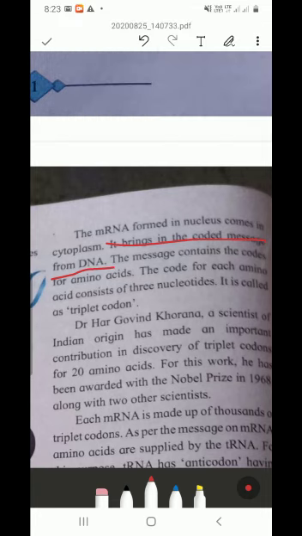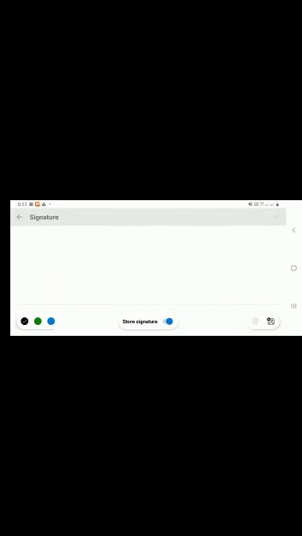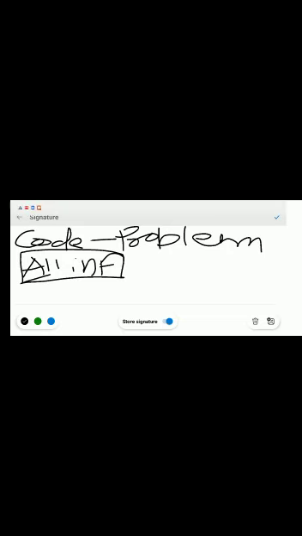As you know, take an example: code means we can say a problem, a coded message. As you know, all the information about protein synthesis is stored in DNA.